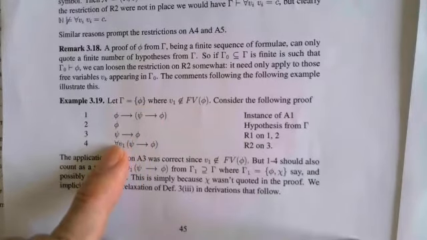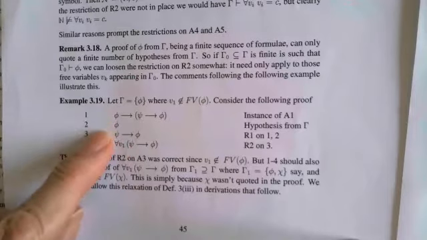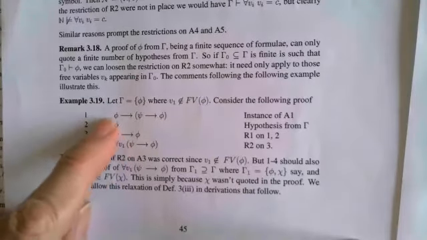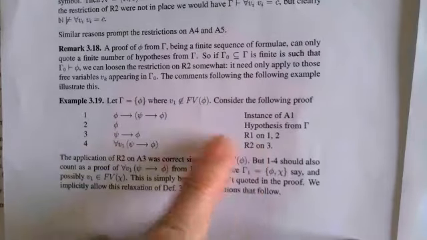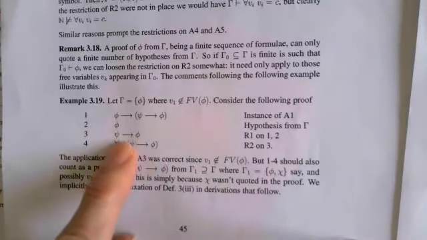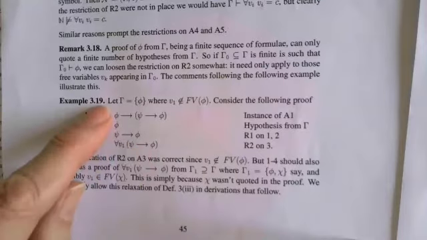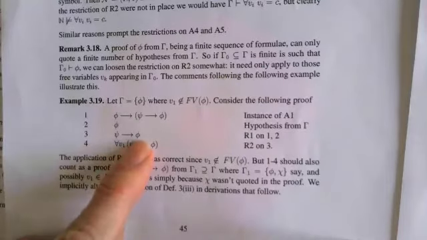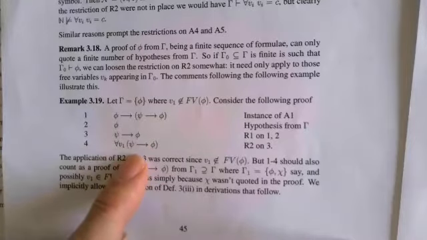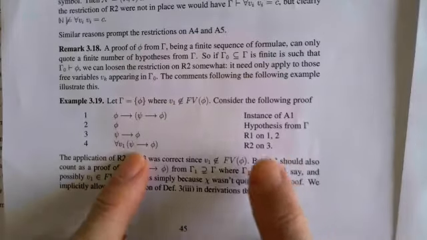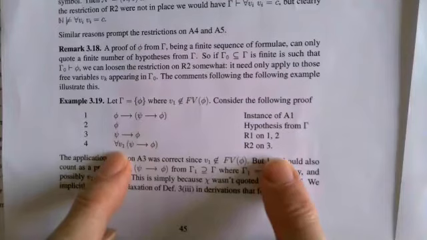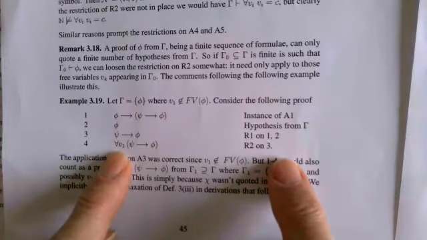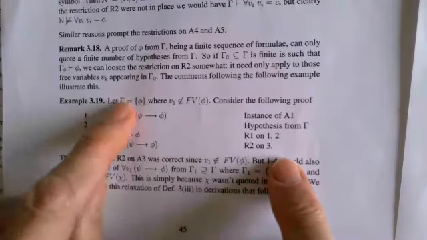Now I can use modus ponens on the 2 lines above. I've got phi and I've got phi implies something. So I apply R1, rule modus ponens, and I get the consequent here. From these two, I deduce this. And now I apply rule 2, which was generalization, and there was this caveat that I can't put a quantifier there if it's quantifying a free variable from my hypotheses.